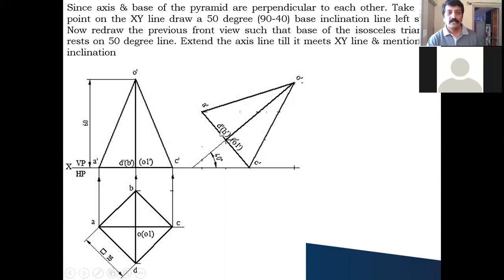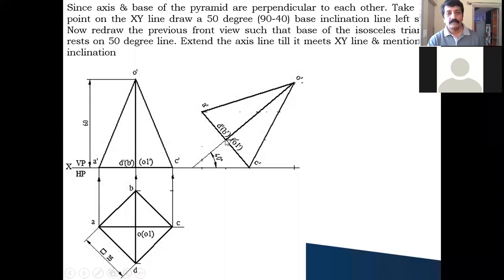After drawing this 50 degree line, you need to redraw this isosceles triangle such that the base of the triangle should coincide with this 50 degree line. How to do that? This corner point you can take as C dash, then C dash to A dash you take, and from this as the center you cut the 50 degree line, you will get A dash. Similarly, from here to here, this distance you take, cut it here, and transfer all the points here.